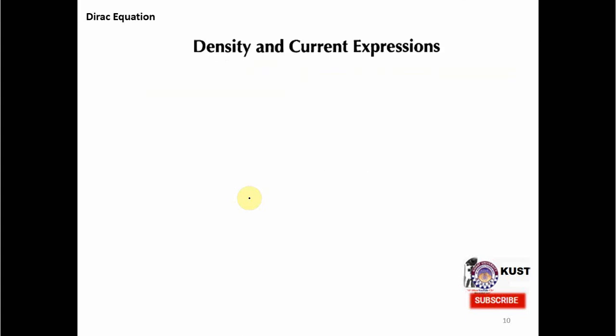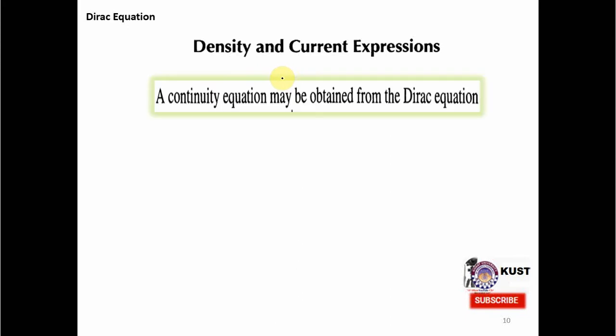Next we turn to deriving the charge density and current expressions. A continuity equation may be obtained from the Dirac equation. This is done by multiplying the Dirac equation with psi dagger, which is the adjoint of psi, not exactly the complex conjugate.